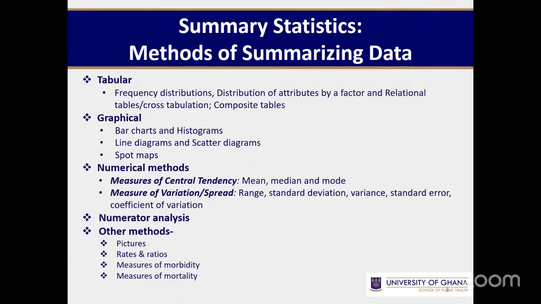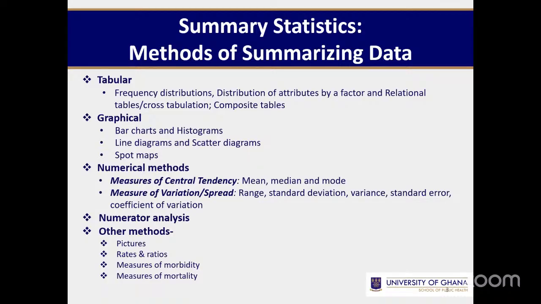Then we have what we call the composite tables. When it comes to the graphical way of presenting data, we have the bar charts and the histograms, the bar and the scatter diagrams, and of course, the spot maps.